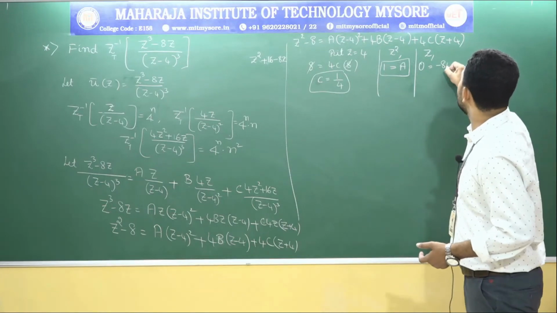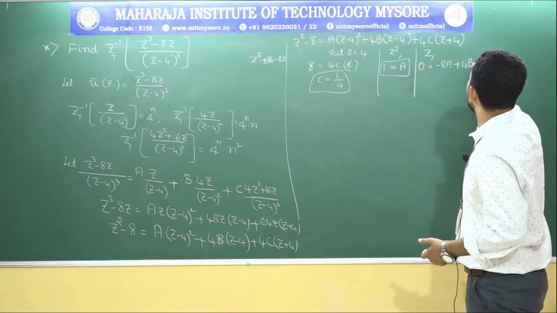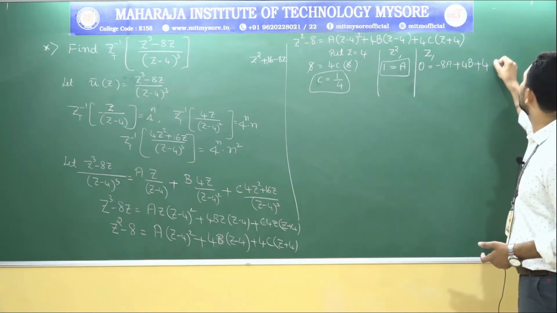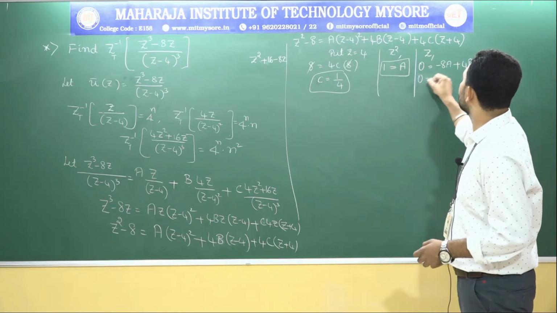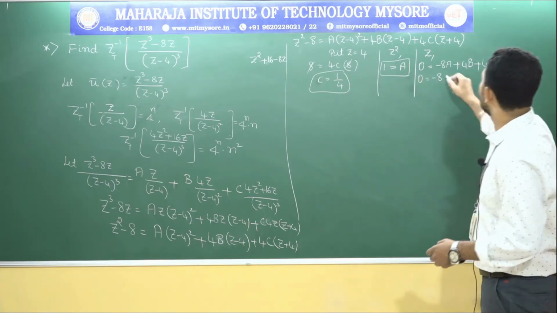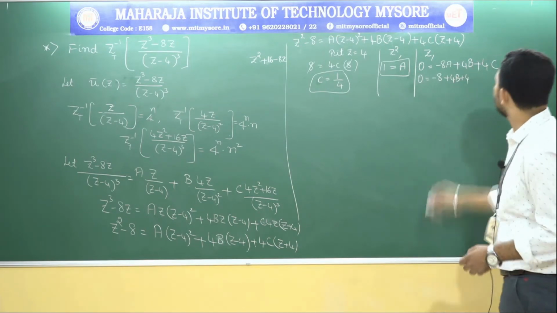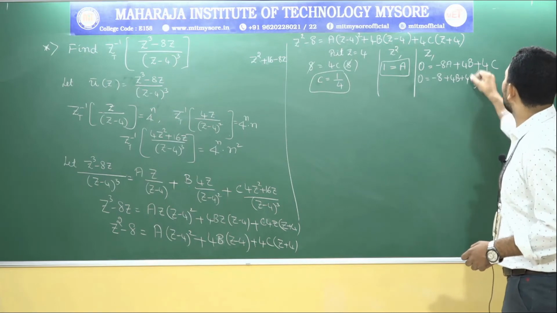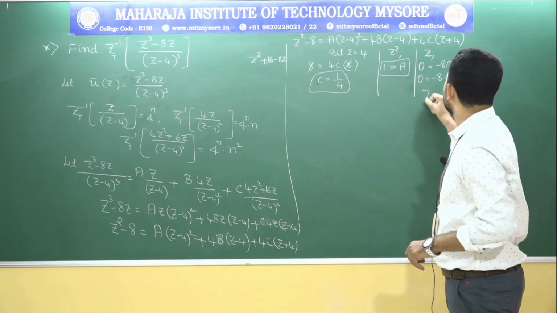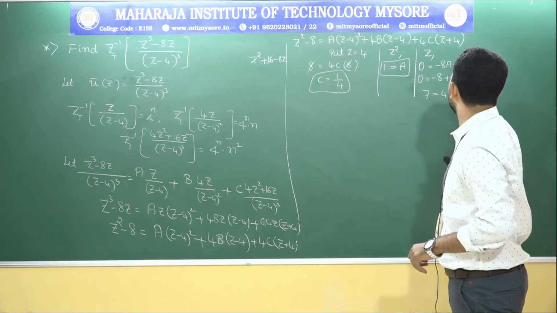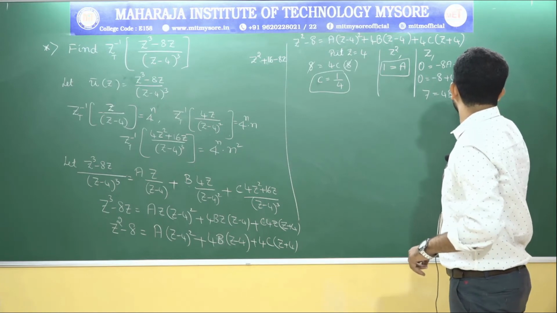So minus 8 into a, plus z coefficient is 4b, plus z coefficient is 4c. We know the value of c and a, so substitute those. Minus 8 into a, which is 1, plus 4b plus 4 into the value of c, which is 1 by 4. The 4 gets cancelled. Minus 8 plus 1 is minus 7, take it to this side, so plus 7 equals 4b. Finally, b value is 7 by 4.